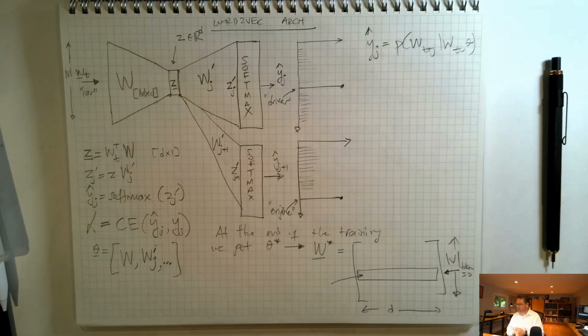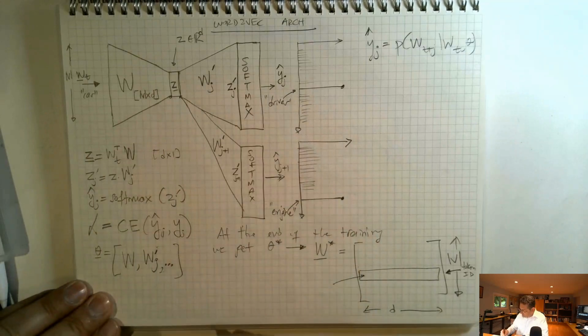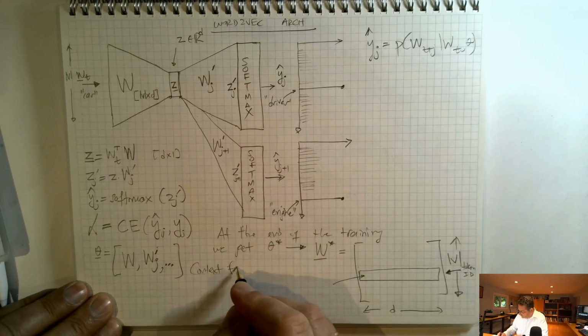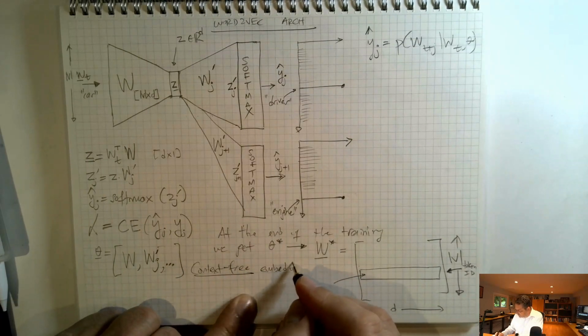But I wanted to emphasize one key observation here before we close this discussion. The key observation here is that this word2vec representation is a context-free embedding construction.